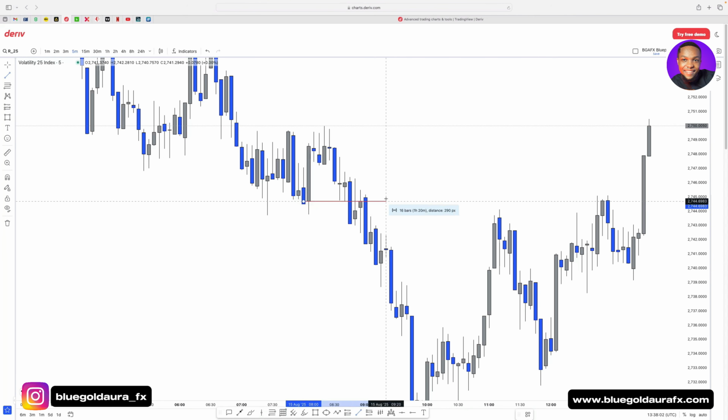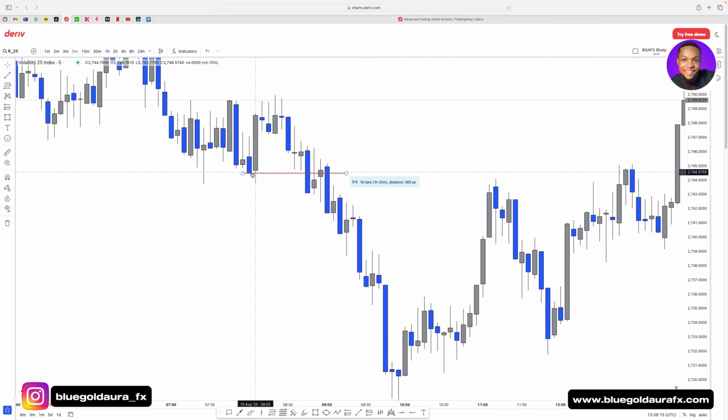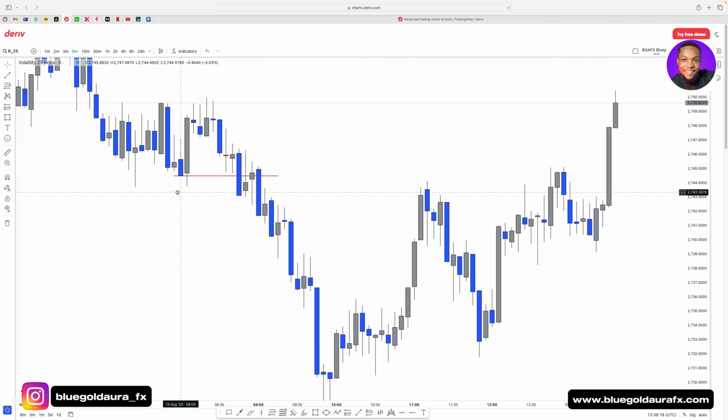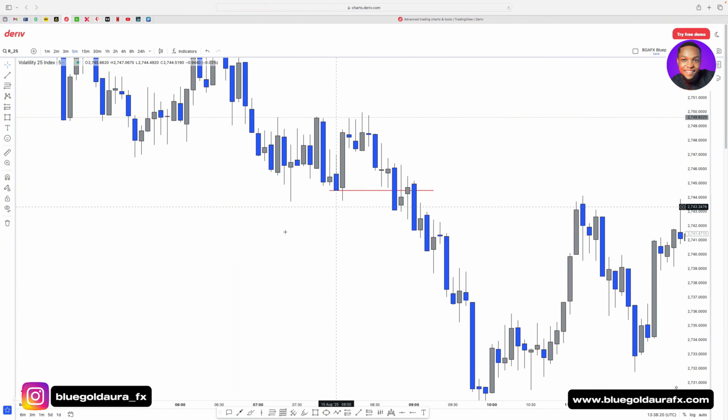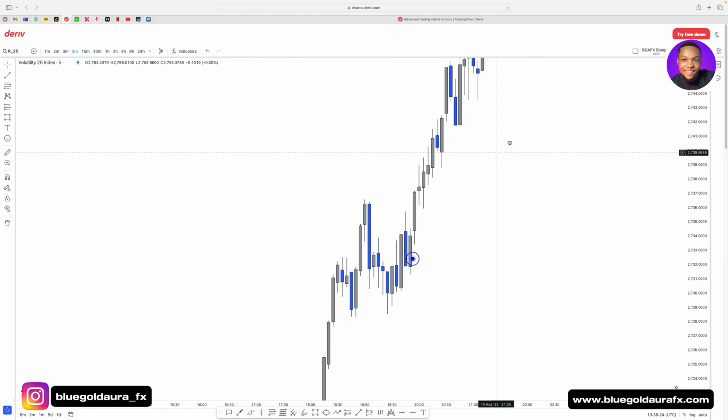You can say it touched. I would have loved this to touch so that this can qualify. So if it doesn't touch again, do not trade it, discard it. I don't know why there was a gap here, but it's actually a very good example so that you guys can avoid some of these patterns.